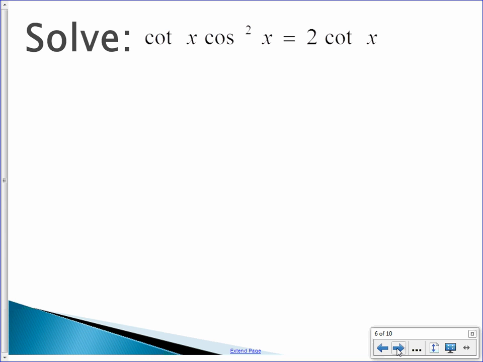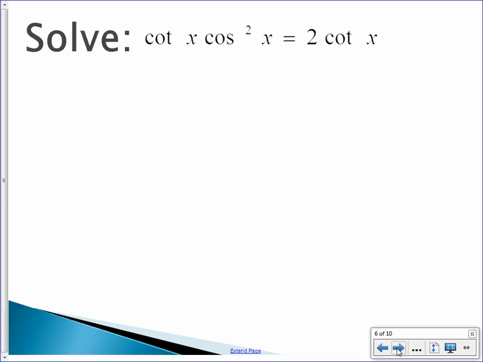Okay, raise your hand if you look at this and you want to divide by the cotangent. Matthew's the only one who wants to divide by the cotangent. Okay, it is very tempting. But here's the deal. Let me ask you this. Could the cotangent be 0?